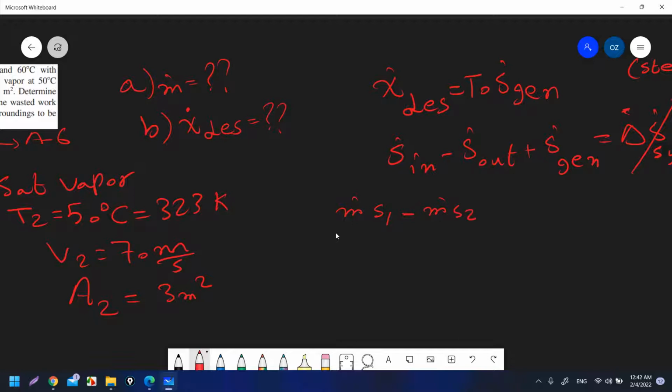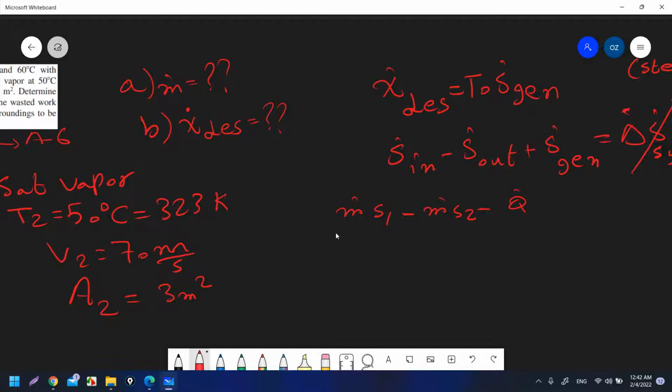Why will I put Q dot out, not Q dot in? Because usually there is a heat loss, not heat in. From where would heat in come? It would mean you produce this heat. There is no boiler, no heating, no device mentioned about heating.